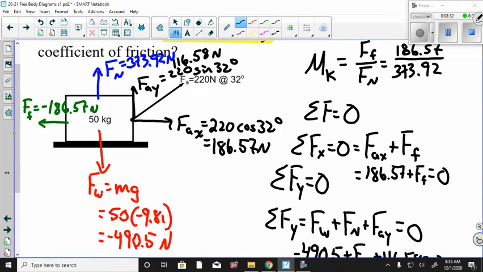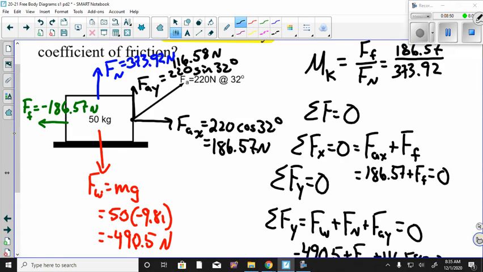And remembering that the coefficient of friction is a scalar unitless quantity. It's just a ratio between the friction force and the normal force. So being a ratio, it doesn't have direction. So I don't need the negative on the 186.57.